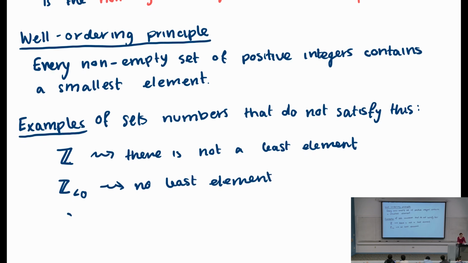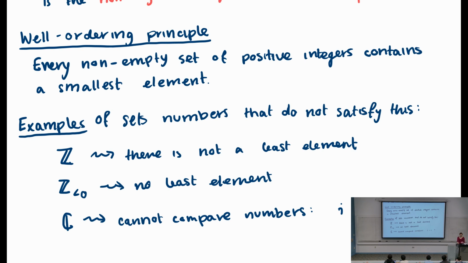Yeah, the complex numbers, this is an interesting example. In the complex numbers, you don't even have an idea of what it means for one number to be less than another. So in the complex numbers, we cannot compare numbers. For example, is i less than 1 or is it greater than 1?